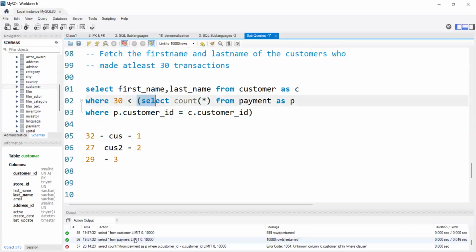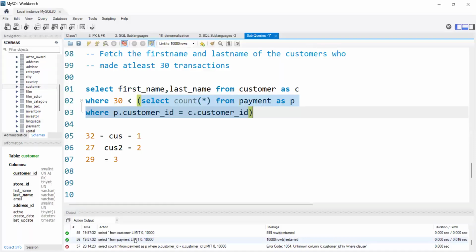It will count how many transactions each customer did, store that value at this level, and compare it with this 30 value. The value should be more than 30 or at least 30. That is the reason I didn't use less than or equal to. As I said, at least 30, I used the less than symbol here. So whenever this query's output is at least 30 or greater than 30, it should display.